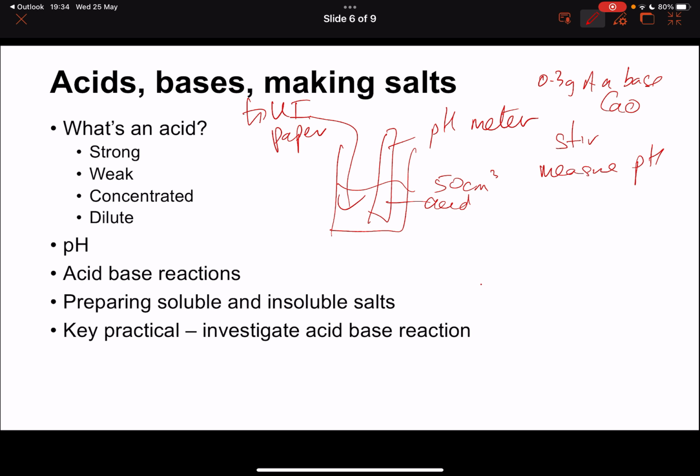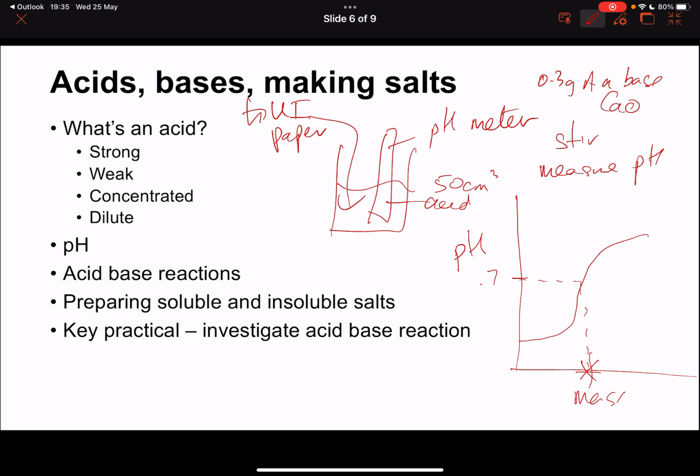We do this for about 6 different masses of calcium oxide. We plot a graph of pH against mass. The graph should look possibly something like that. At what point is neutralization achieved? Let's mark 7 on our graph, dot across to the curve, and then down onto the x-axis, and that's the mass needed for neutralization.